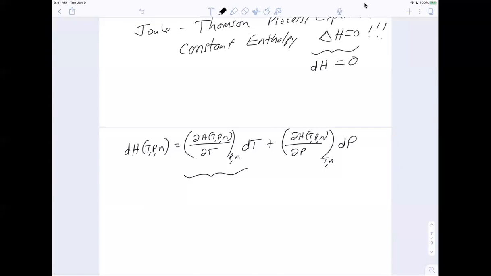And we know from relating dH to dQ through the definition of H that this was just Cp dT, because the partial of H with respect to temperature at constant pressure and N is the rigorous thermodynamic definition of the constant pressure heat capacity, plus this term we still have here.